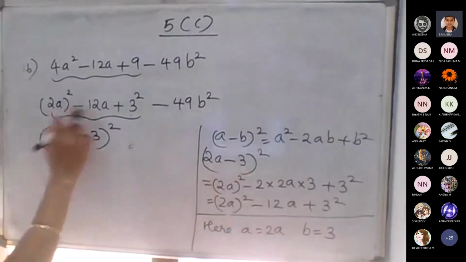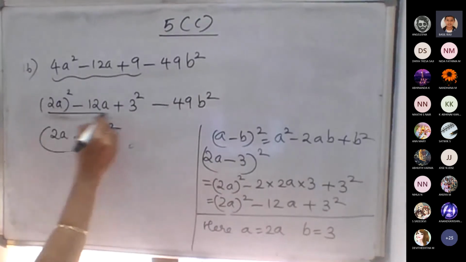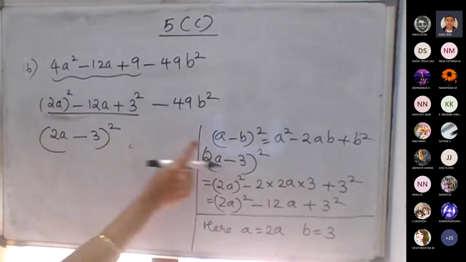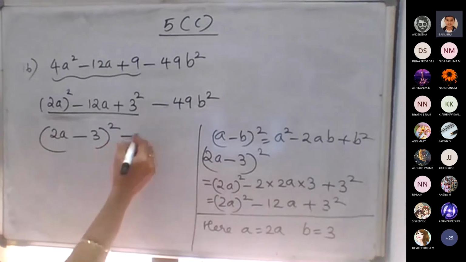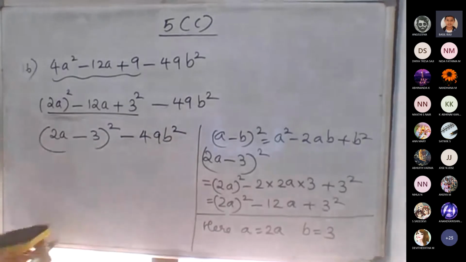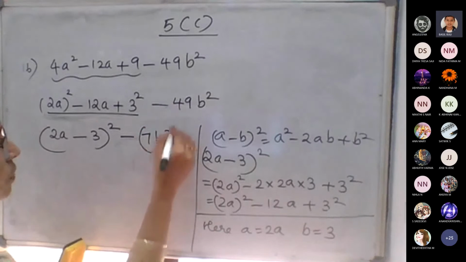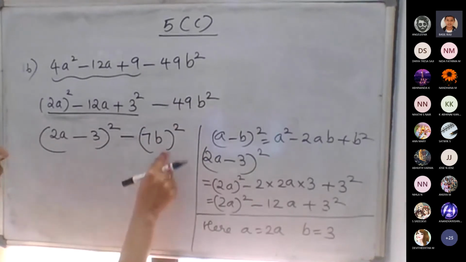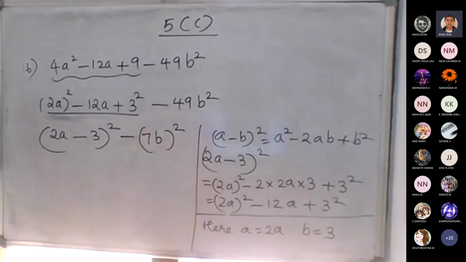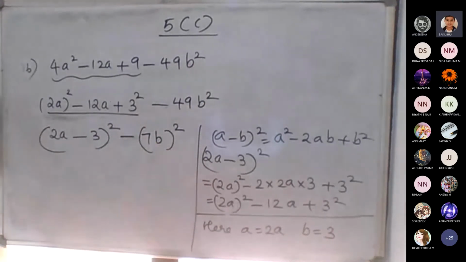Instead of writing these three terms, we can join them, since this is the form of a minus b whole square. Then minus 49b square: instead of 49b square we can write (7b) whole square. So this is in the form of a square minus b square. Up to this, understood or not? Yes, ma'am. Right, then factorize that a square minus b square form.